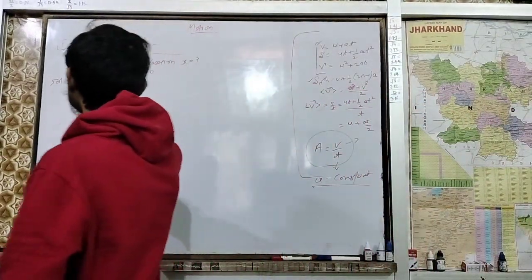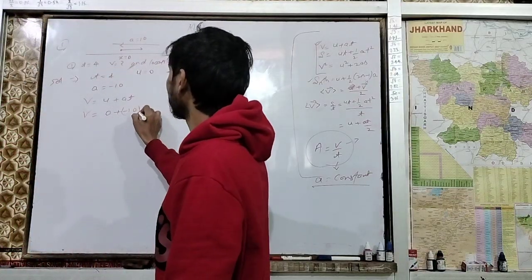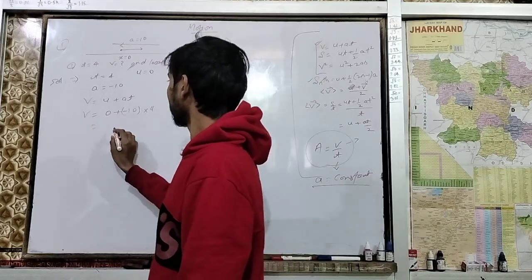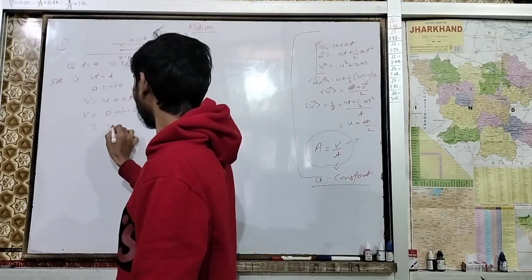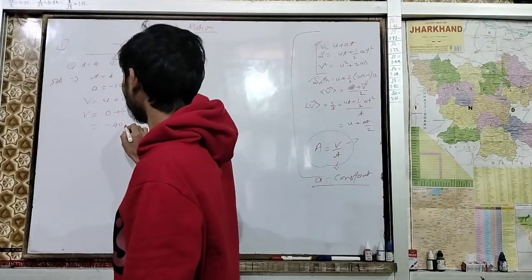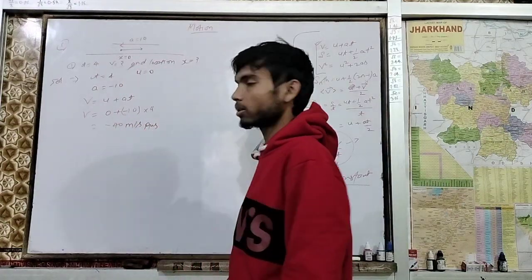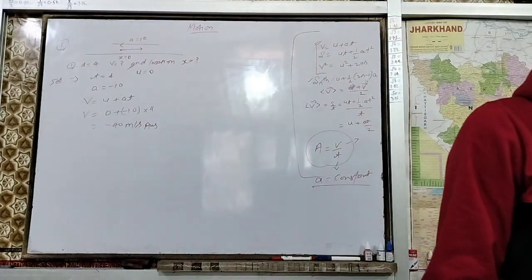U is 0, a is minus 10 and t is 4. At the end it comes out as minus 40 meter per second.